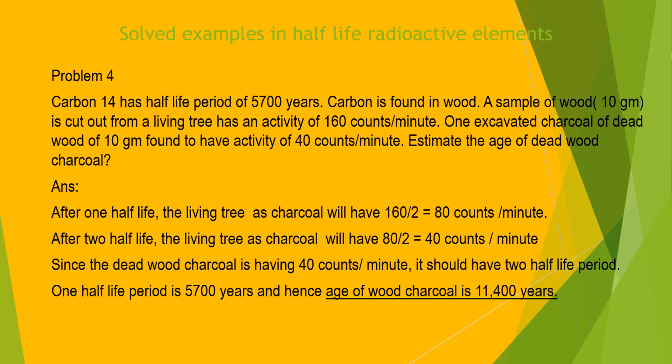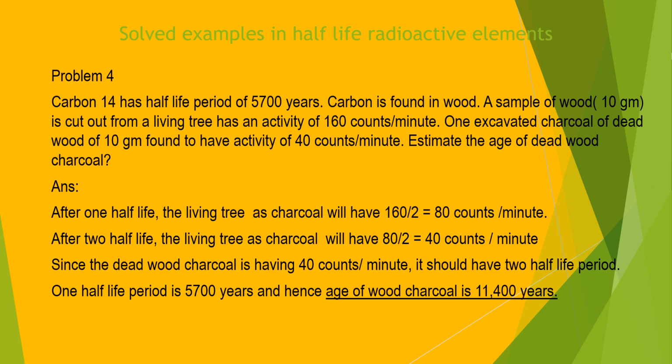This is the question. Here we know carbon is used to find the age of an animal or any wood structure. Here we are taking 2 samples. One is live wood, another is old dead wood charcoal, 2 of the same quantity, 10 gram we are taking.